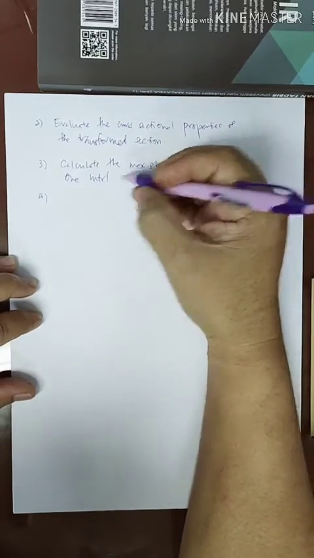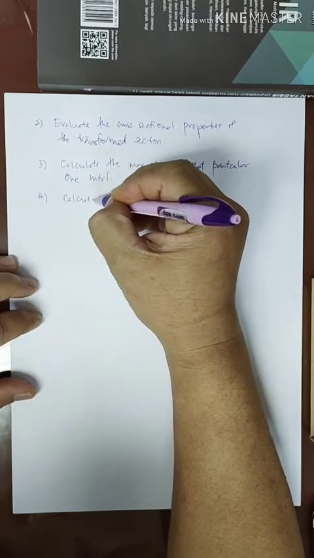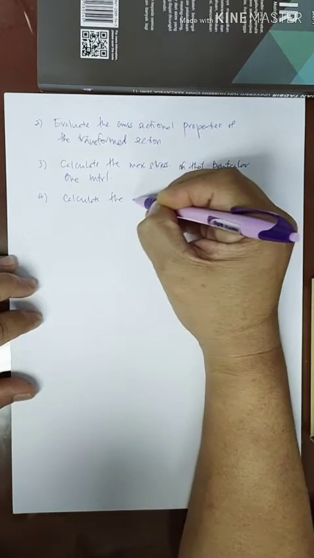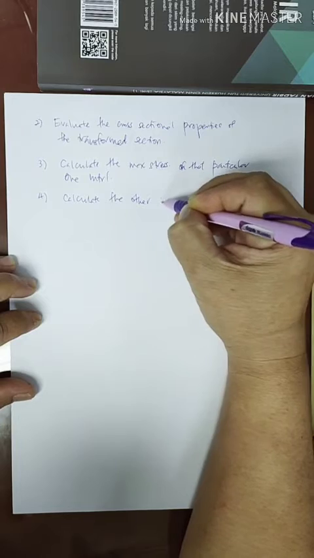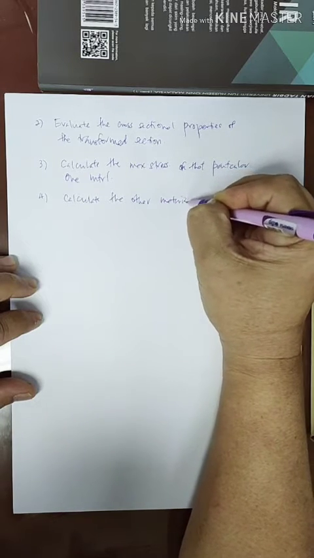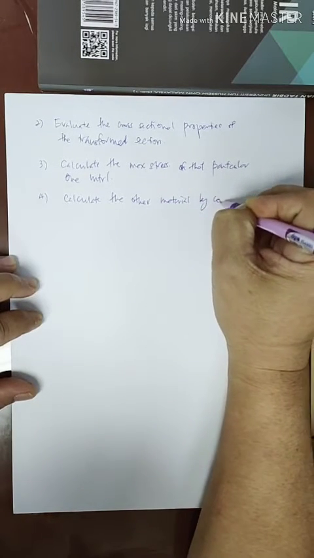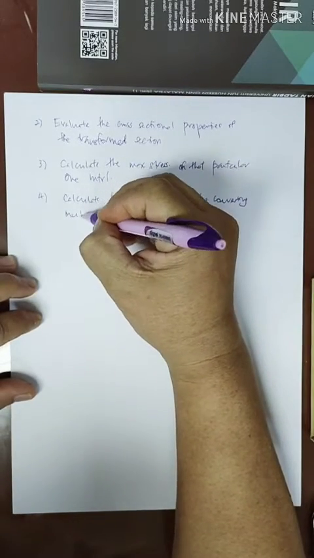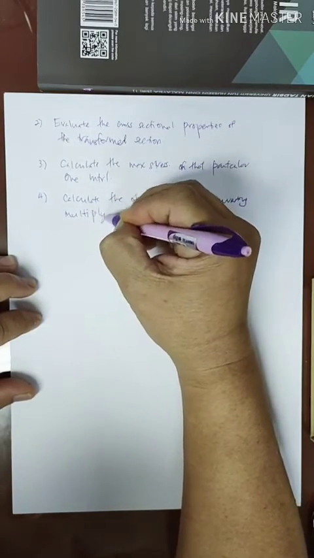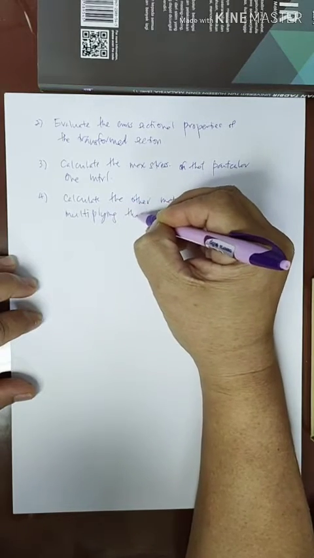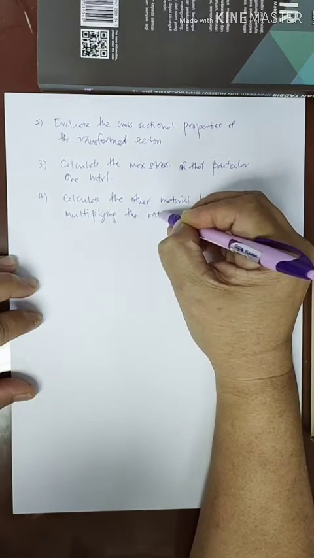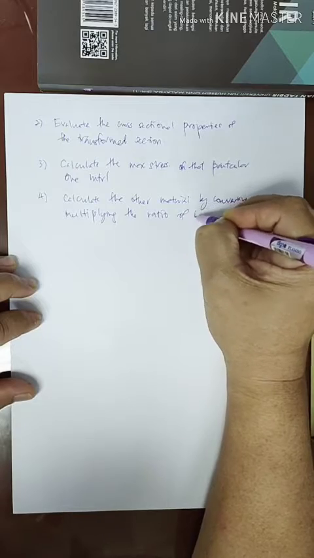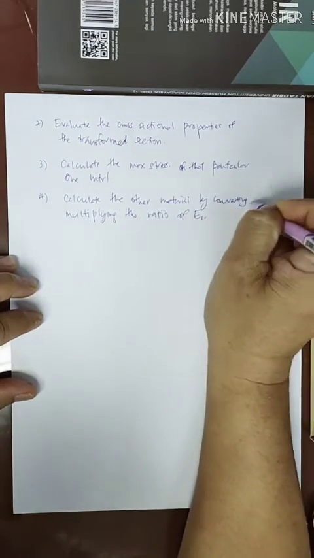Finally, you calculate the other material by converting, or multiplying, by the ratio of E modulus.